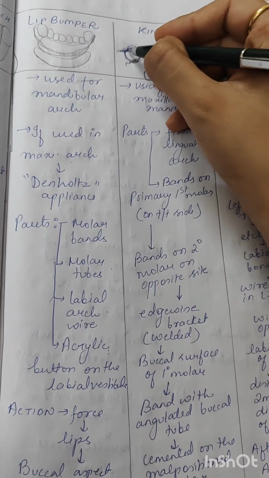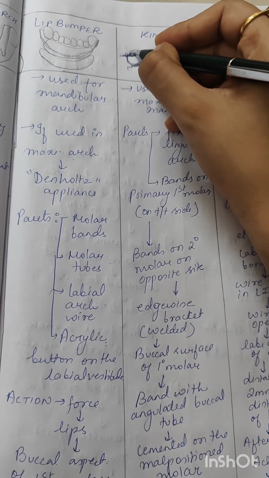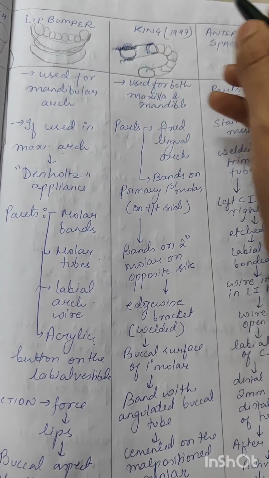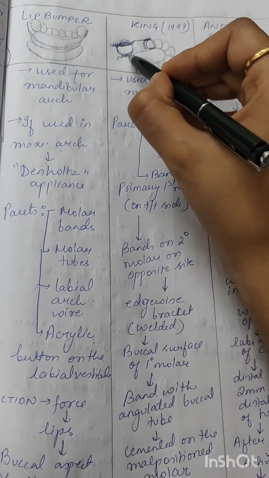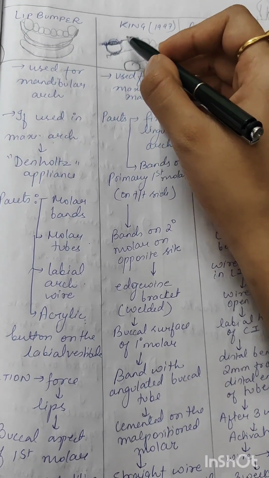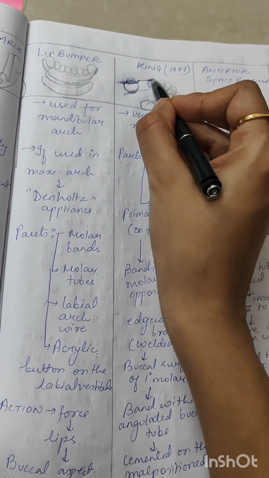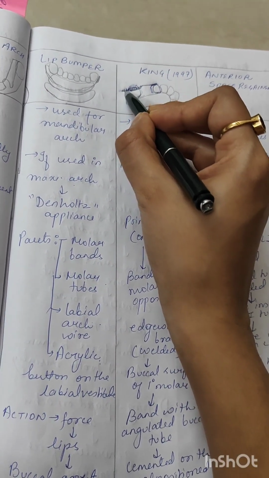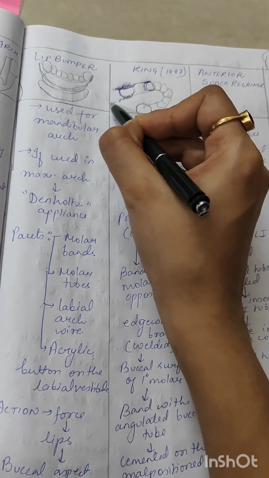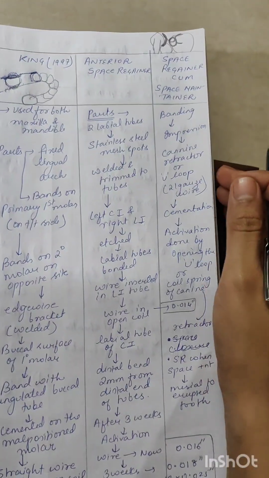Then a band angulated with the buccal tube is placed over the band, and then a straight wire with open coil spring is placed here, and then this is cemented over the malpositioned tooth and ligated on the bracket. Here is the bracket, here is the tube, here is the straight wire with the open coil, and then it will give a distal force. Okay, now next is the anterior space regainer.